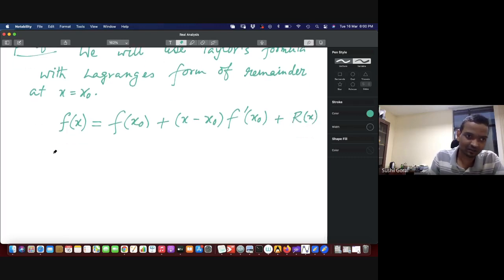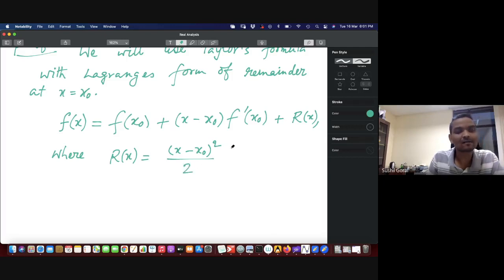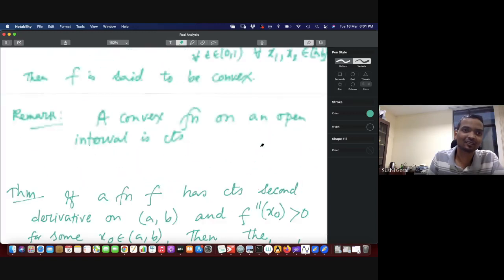What is the remainder term? R of x is x minus x naught squared by 2 f double prime c, where c lies between x and x naught, which we can write as x naught plus theta times x minus x naught, which is nothing but the formalism here.